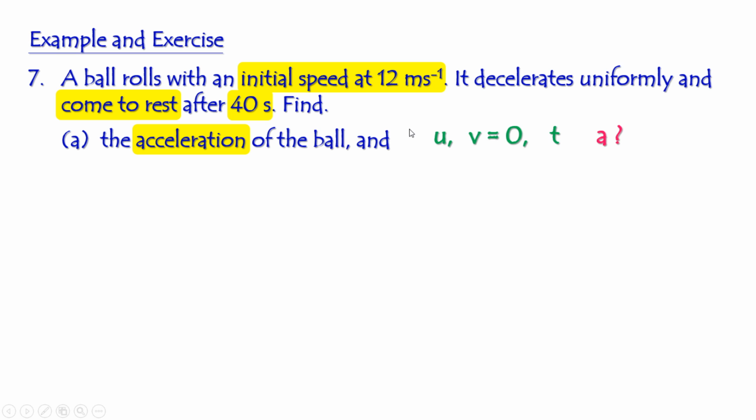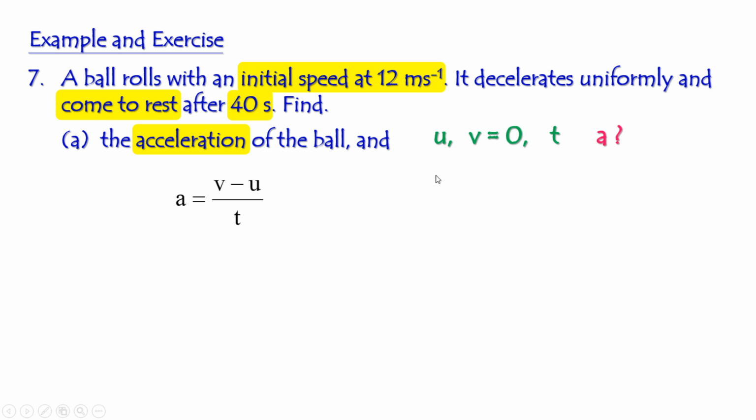Right. Okay. If you have written down all the formulas that I mentioned just before, then you should use the second equation. So you have 3 equations. You have to check which equation can help you find the unknown. So this one, the acceleration is equal to the change in speed divided by the time taken.